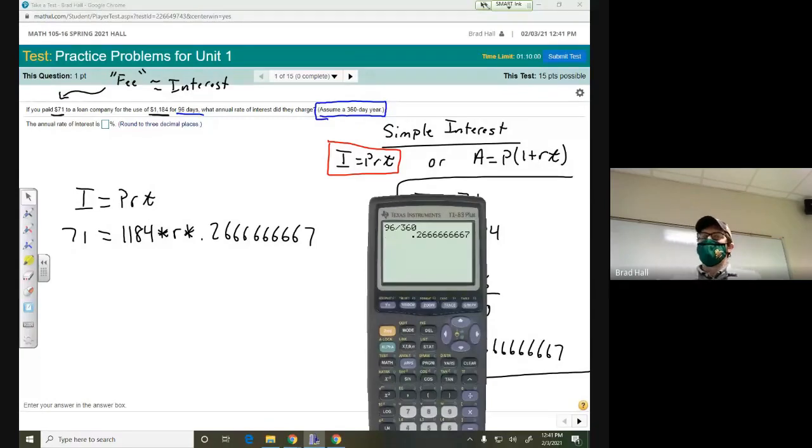So the bad news is, since we're solving for R, and R is not by itself, we have to use algebra. But we can simplify the algebraic process by bringing together any numbers that are already next to each other. So these two numbers, we can multiply those together immediately.